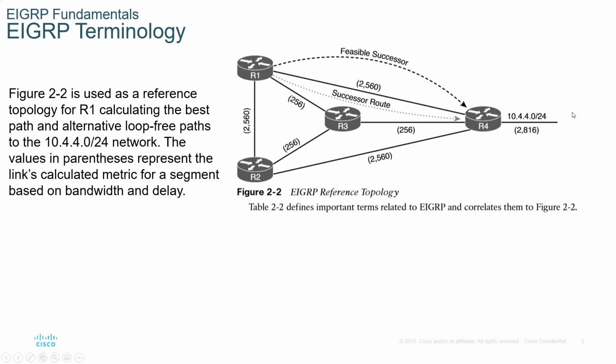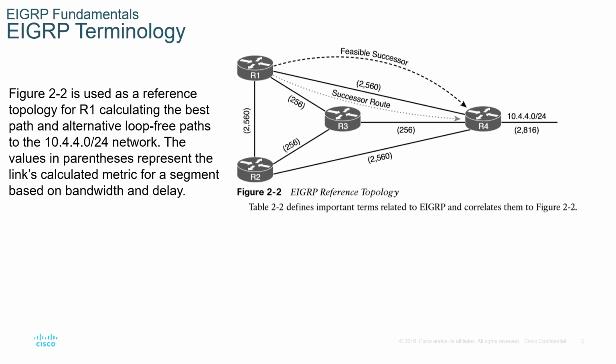So when you look at this diagram here, you'll see these numbers in little brackets. These are the cost of that link. So for you that are coming up through the current CCNA, you're used to OSPF, and the metric is cost.